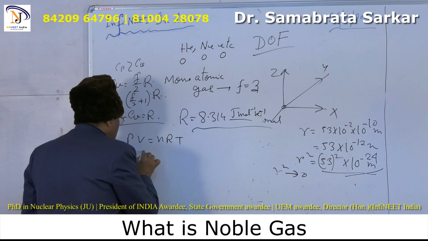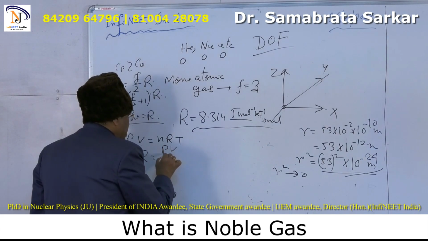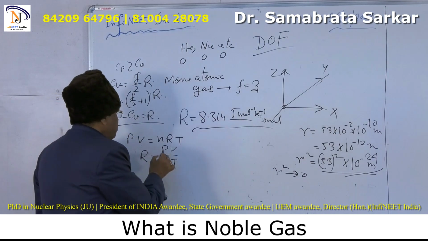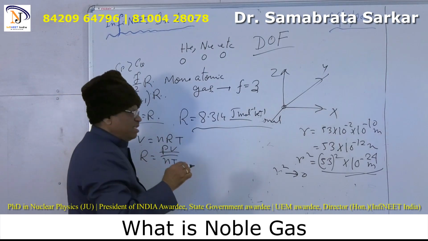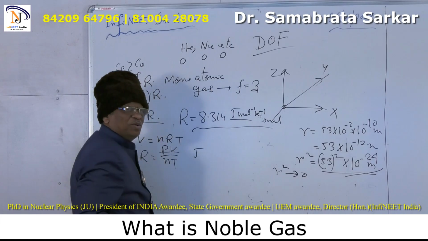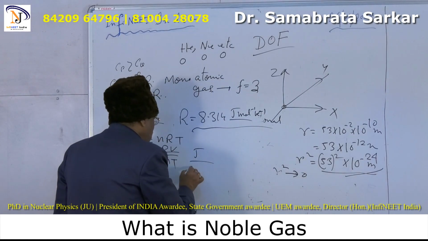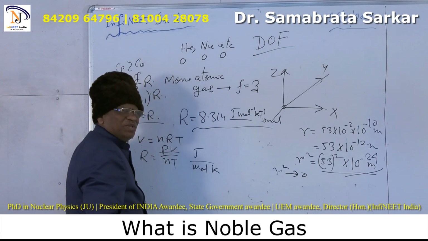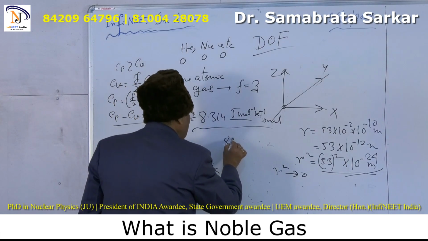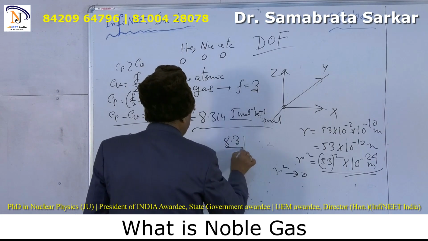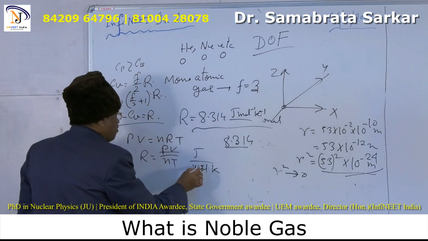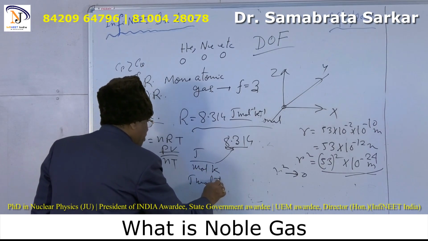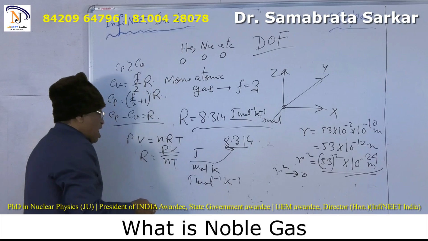R equals PV divided by nT. PV is work done, that is in joule, n is mole, T is Kelvin, and the value is 8.314. So the value is this and the unit is this, mole to the power minus 1, K to the power minus 1.